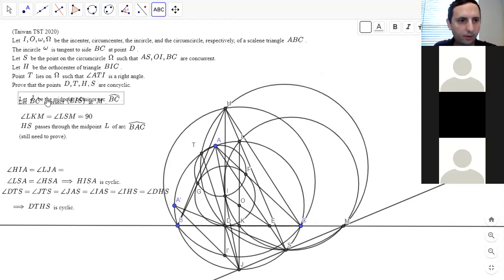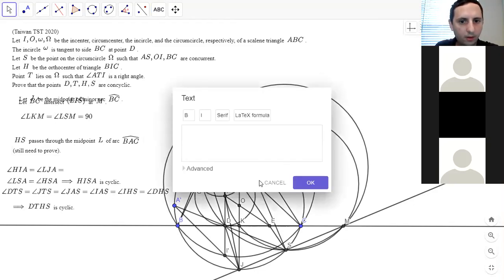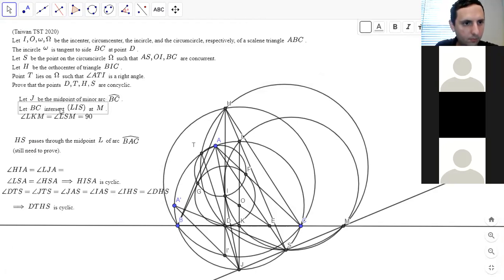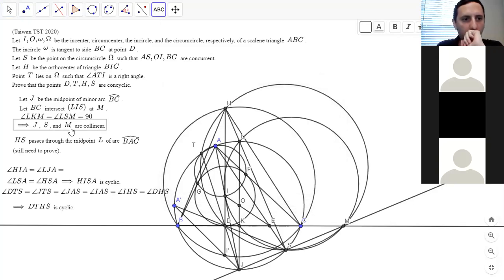So I'll put this all the way up here. Okay, now we have JLS equals KMS.